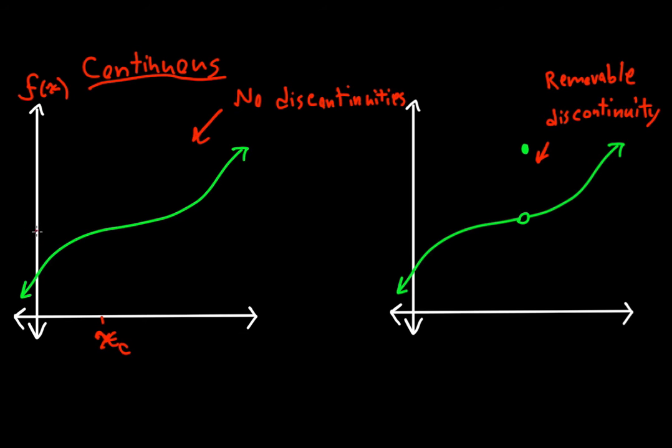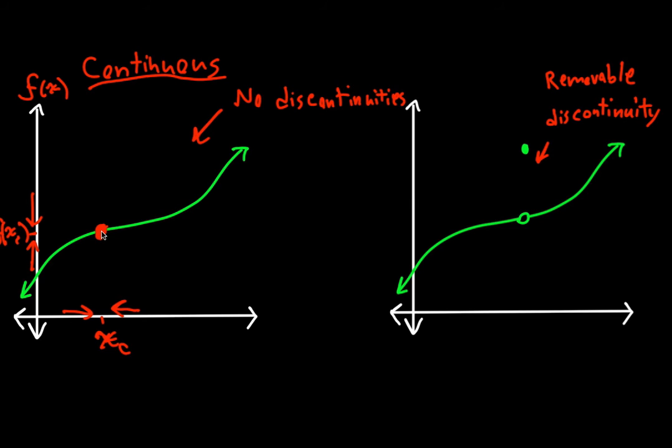We approach some y value, right? As we get closer and closer, we get closer and closer to this one value, and that's just going to be f of x sub c, right? As we get closer to this point on our function, we do get to this point, and that's the actual point on the function.